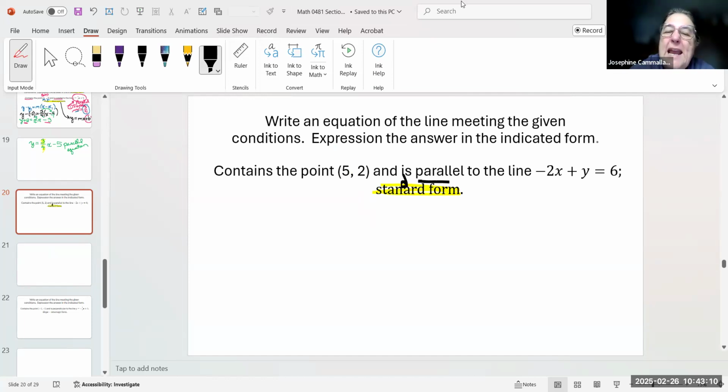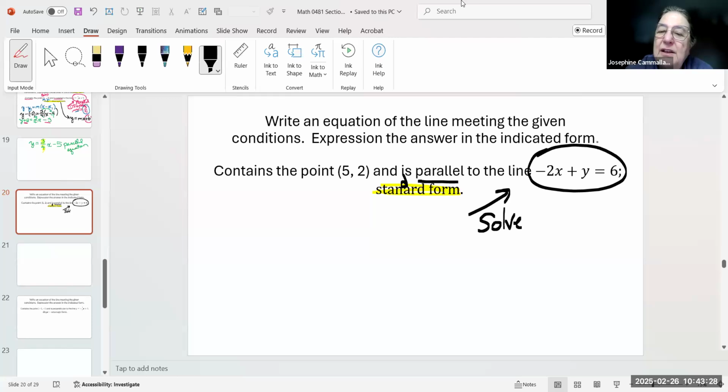Now, parallel. Okay, look at this equation. This equation has to be solved for y. Solve: y = positive 2x + 6.